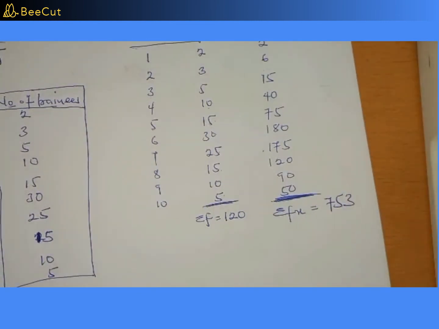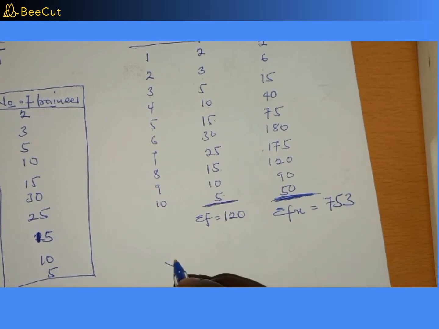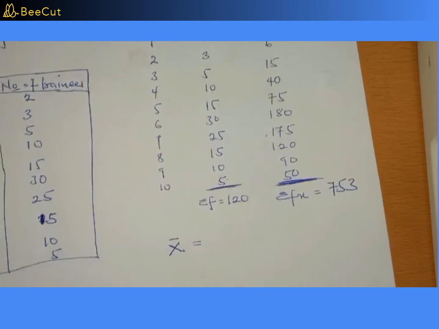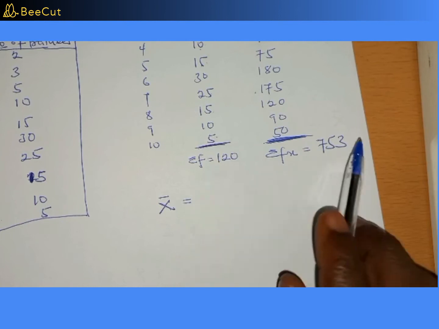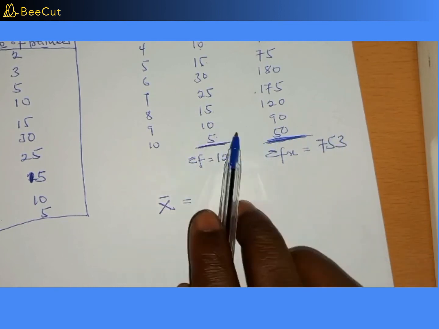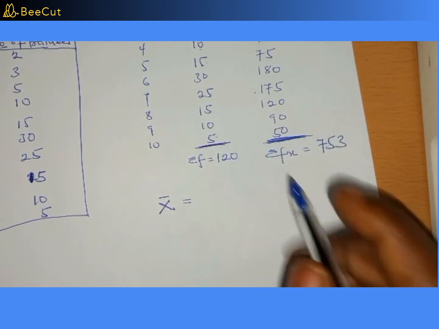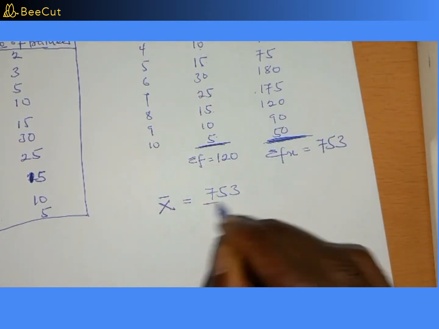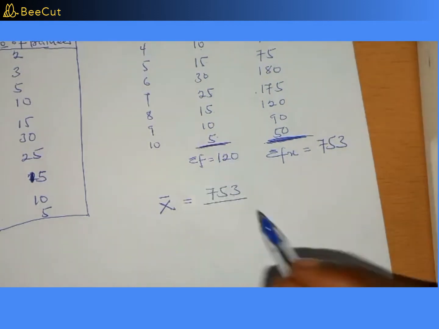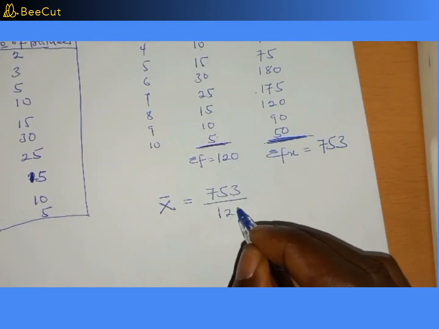And so from here, if I am to find the mean, then as the formula is saying, x bar is equal to the sigma fx over the sigma f. I know sigma fx is given as 753 all over the sigma f, which is 120.